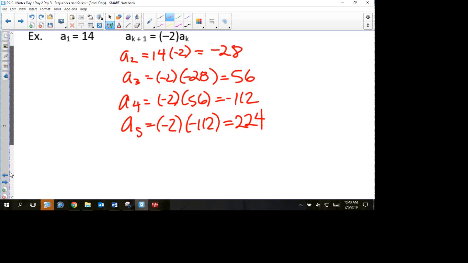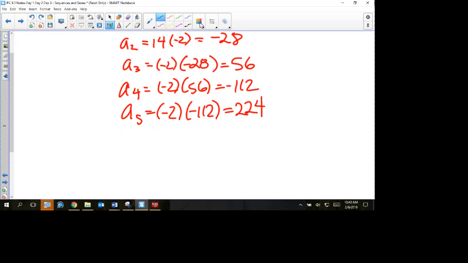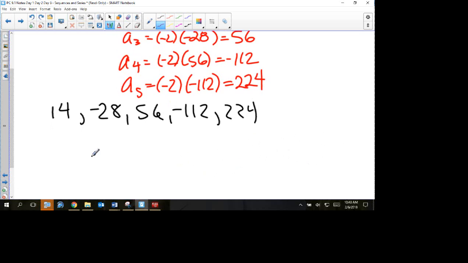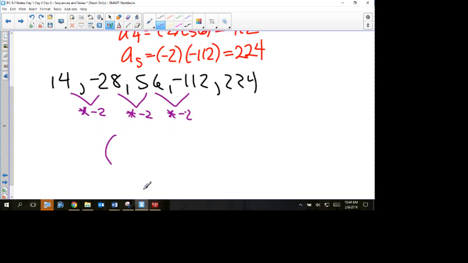So we have to write our a sub n. I like to list my numbers out so I can use them. And you should be able to answer my question now. What are we doing each time? You just did it to find all these numbers. We're multiplying by -2. So if you're multiplying by the same thing, that becomes a base to an exponent.